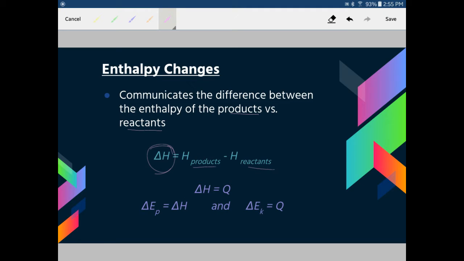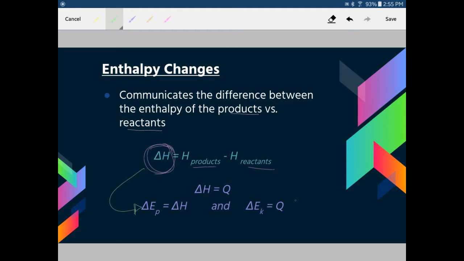Now generally, our products will have more or less potential energy than our reactants do. So in general, we look at our change in enthalpy as potential energy, and our kinetic energy as heat energy.